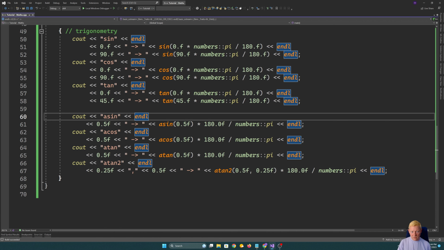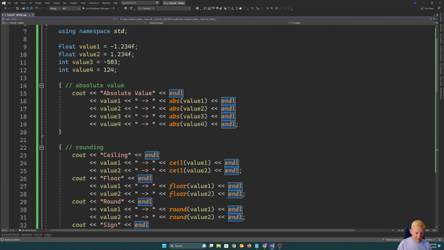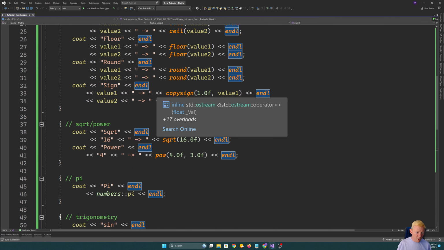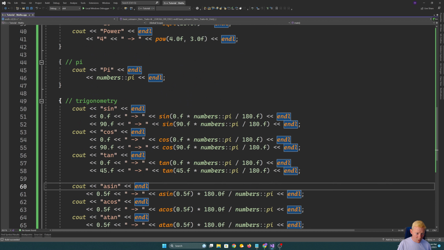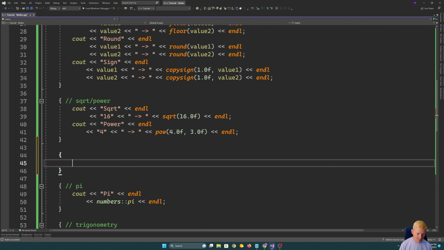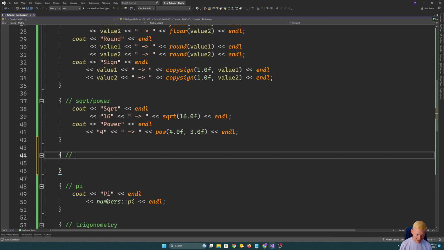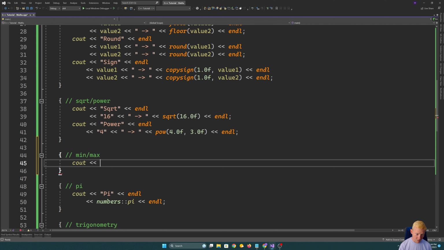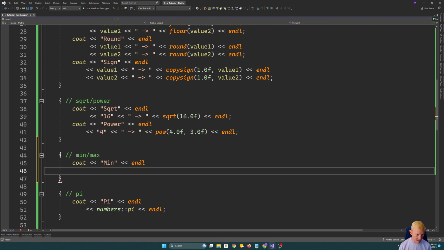So we've got a lot of our key maths functions. We also have standard, simple ones that we could be doing, and I might throw these in here, min and max. So a min example would look like this.